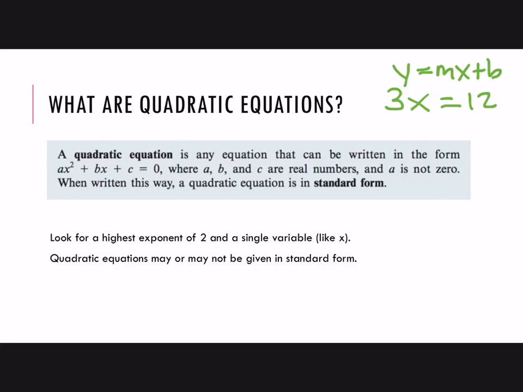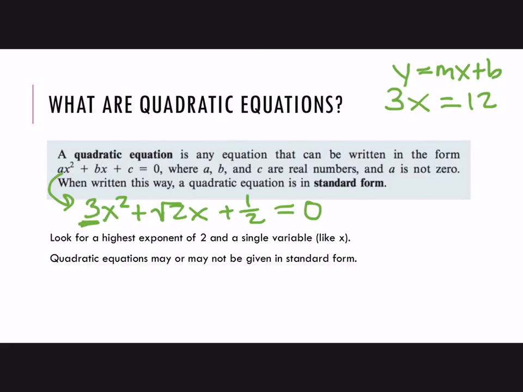So here's an example. 3x squared plus square root of 2 times x plus 1/2 equals 0. 3, square root of 2, and 1/2 are all real numbers, and 3 is not 0, so this is a quadratic equation.